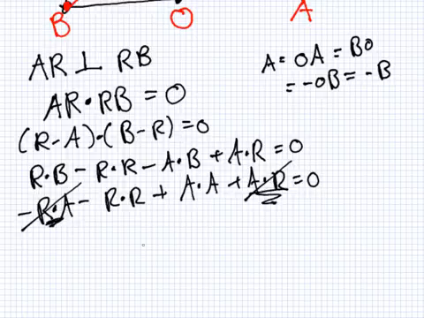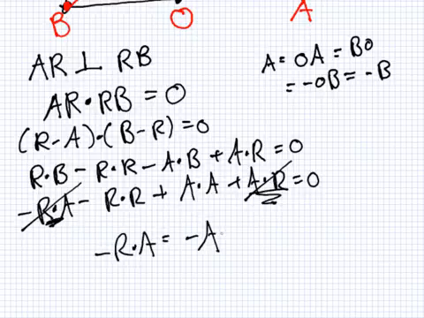No, minus R dot A is the same as minus A dot R. This is something we proved in the last class: for dot product you can swap them and the answer's still the same. You're thinking of AB and BA, aren't you? No, this is R dot A and A dot R.